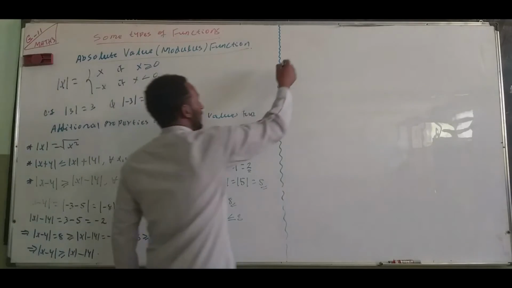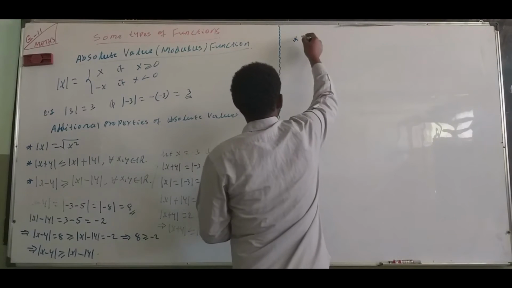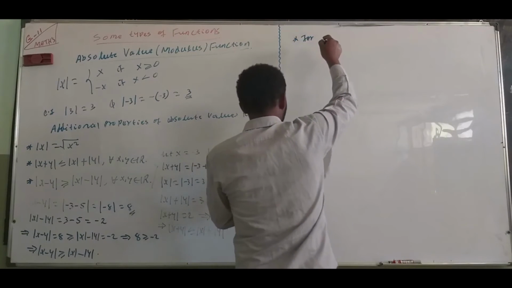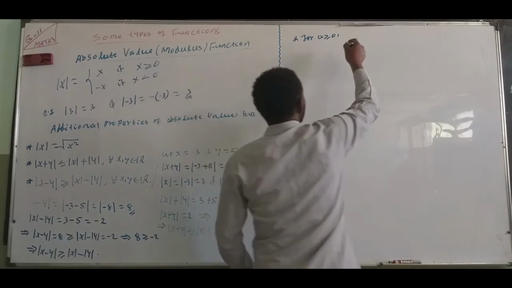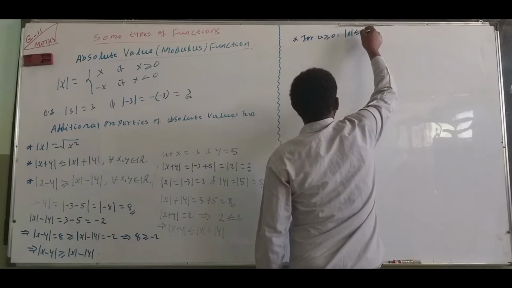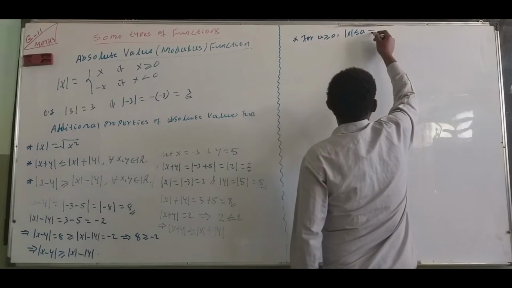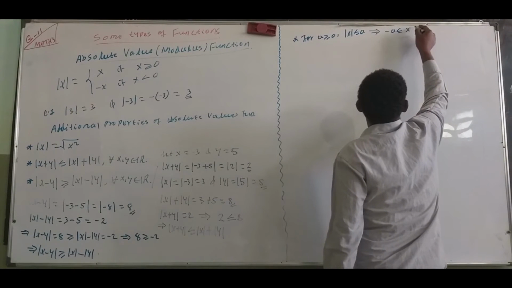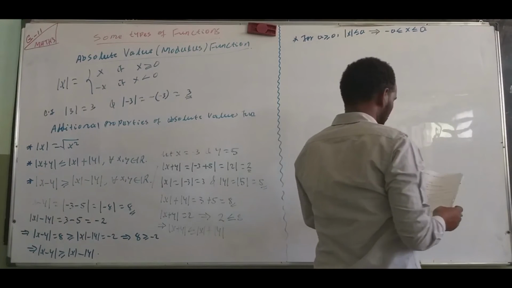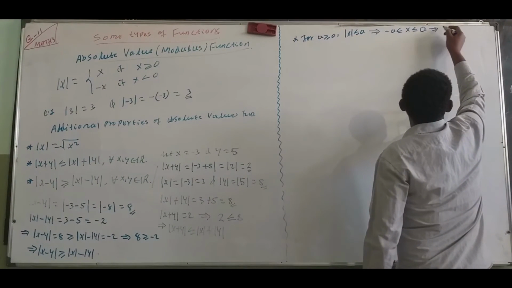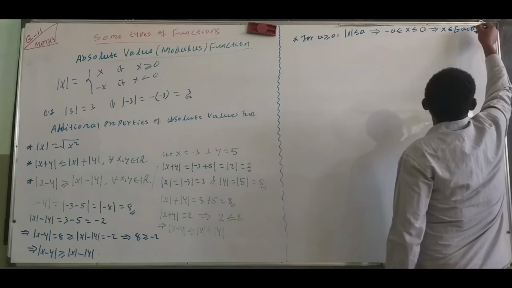The other additional property of absolute value is, for a greater than or equal to 0, absolute value of x less than or equal to a implies that negative a is less than or equal to x less than or equal to a. This implies x is an element of the interval from negative a to a.